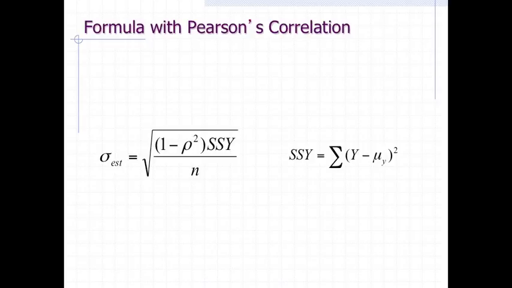On the left is a version of a formula for the population standard error of the estimate in terms of Pearson's correlation. The Greek letter rho is the population value of Pearson's correlation, and SSY is defined on the right as the sum of squared differences between the values of y and the mean of y.